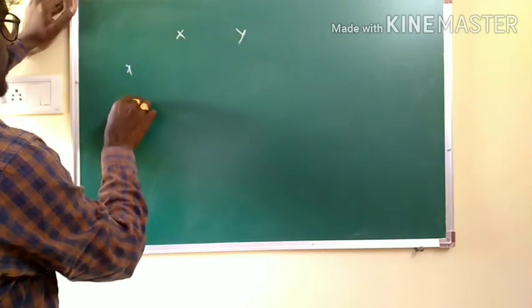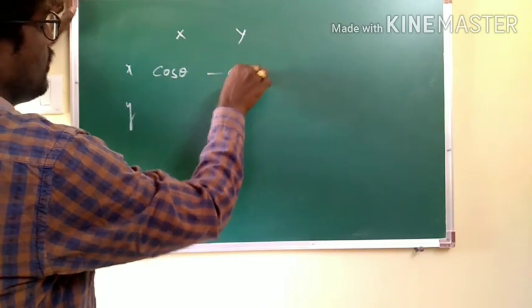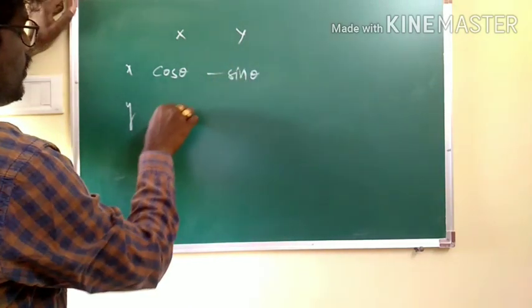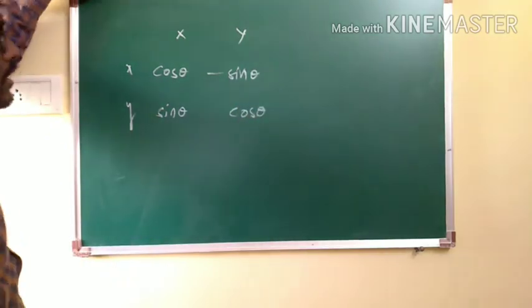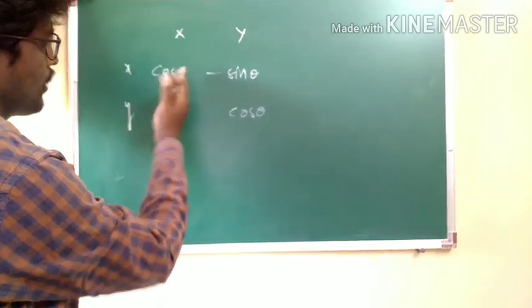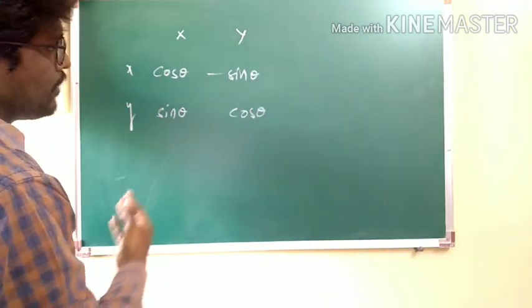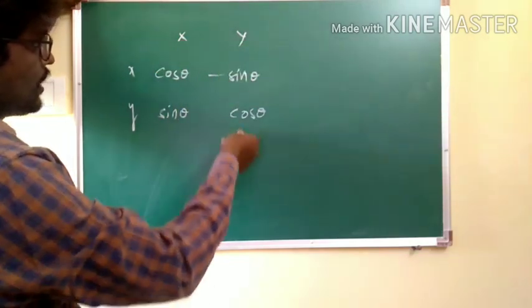Capital X, capital Y, small x, small y, cos theta minus sin theta, sin theta and cos theta. When you are taking small x, you will be taking horizontally, small x and small y. And when you want to make the subject in terms of capital X and capital Y, you will be taking vertically.